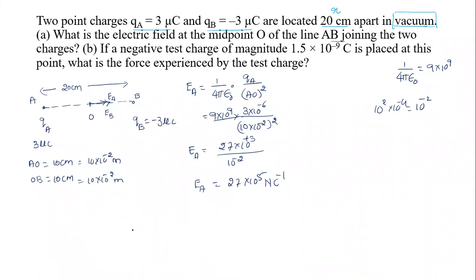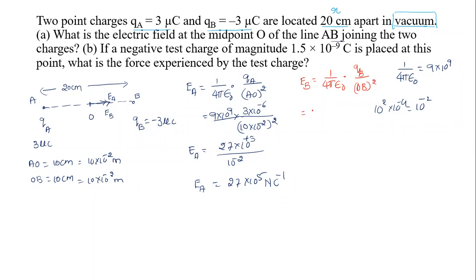Similarly, now let us find out the electric field due to the second charge. Electric field due to B, the formula is again 1 by 4 pi epsilon naught Q B divided by distance O B square.